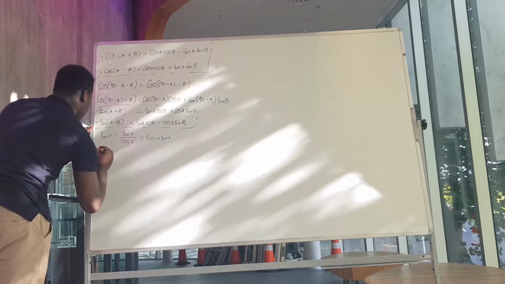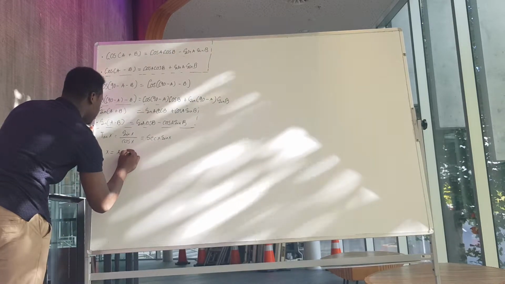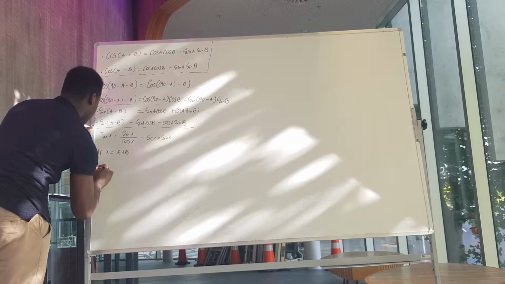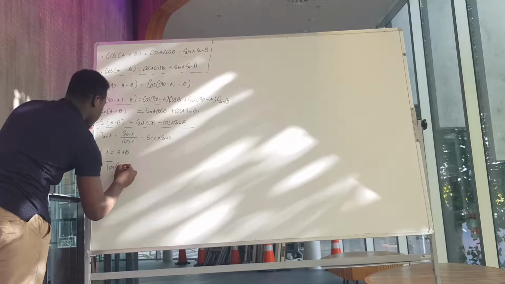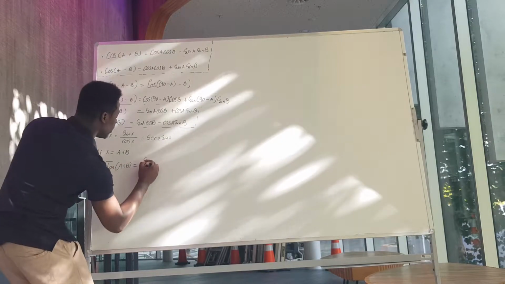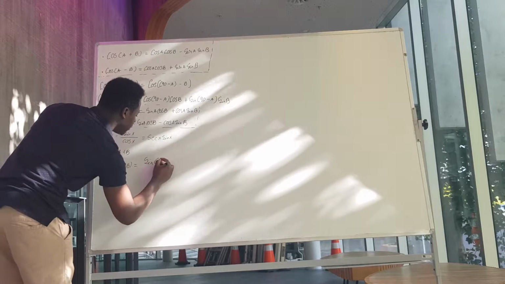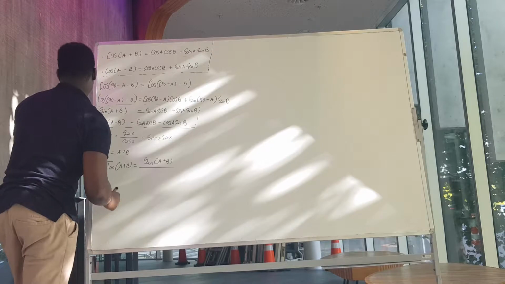So if x is equal to a plus b, therefore tan a plus b is equal to sine a plus b divided by cosine a plus b.